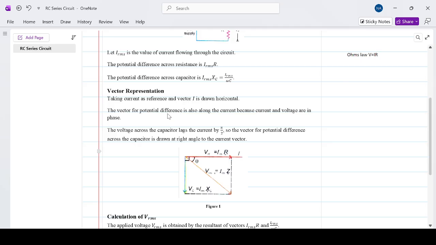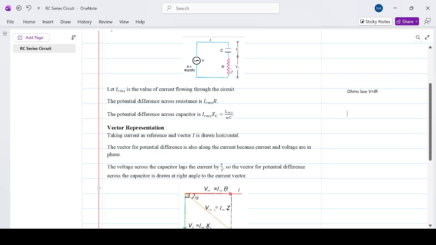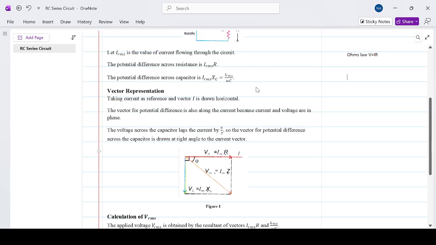So here we see that the vector for the current is drawn horizontally, and since in case of resistance the current and voltage are in phase, we also draw the vector for the potential difference along the vector for the current.